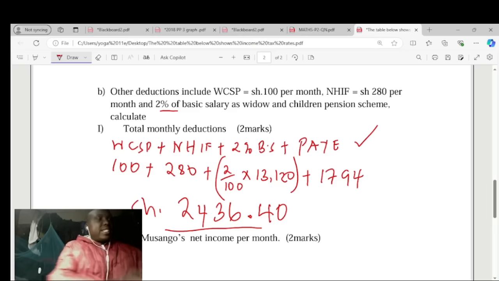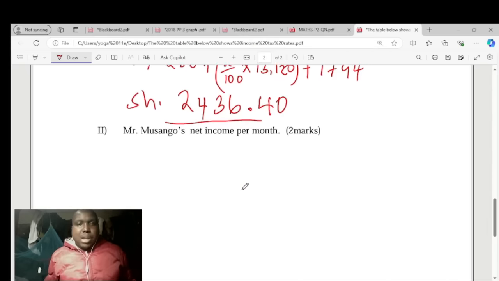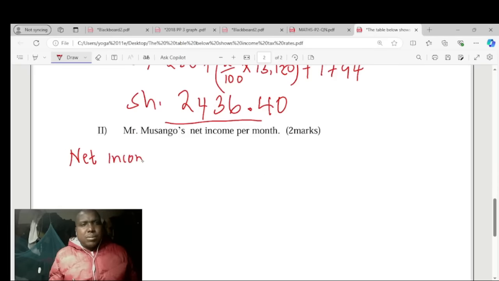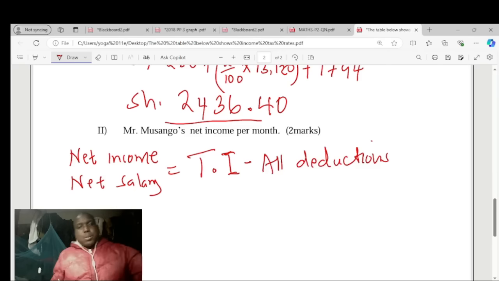Now, net income. The next question is to calculate Mr. Msango's net income. Net income is also called net salary, and this is equal to taxable income minus all deductions. Taxable income minus all deductions.